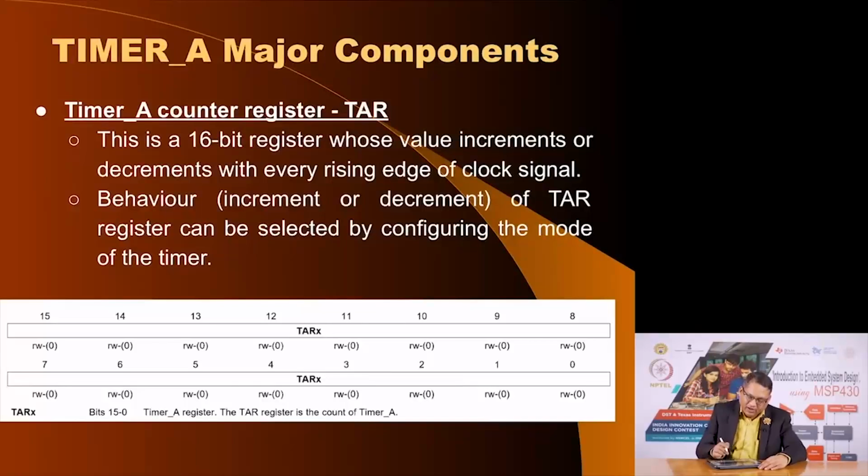You have another timer. So, this is timer A0 and timer A1, and both of them have these 3 channels which allow you to do multiple things. So, the major components of a timer are a timer counter register, as we have seen, TAR. In both the timers that we have, they are all 16-bit registers, they are all read write registers.